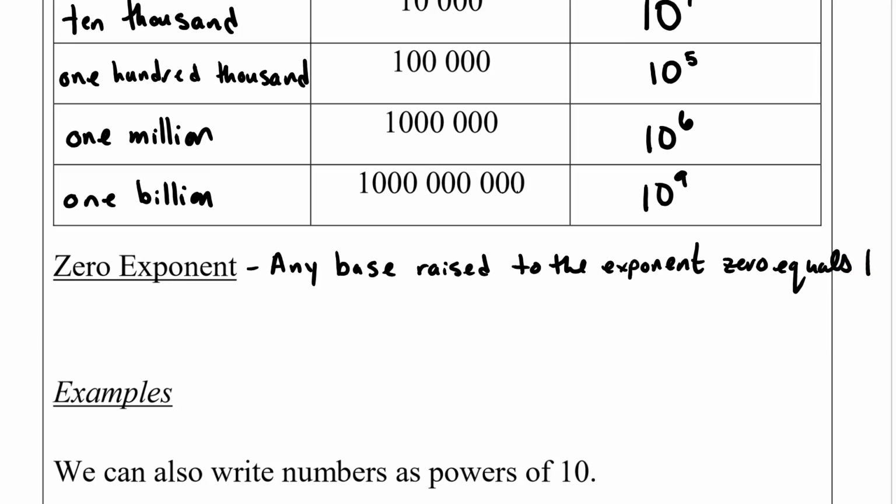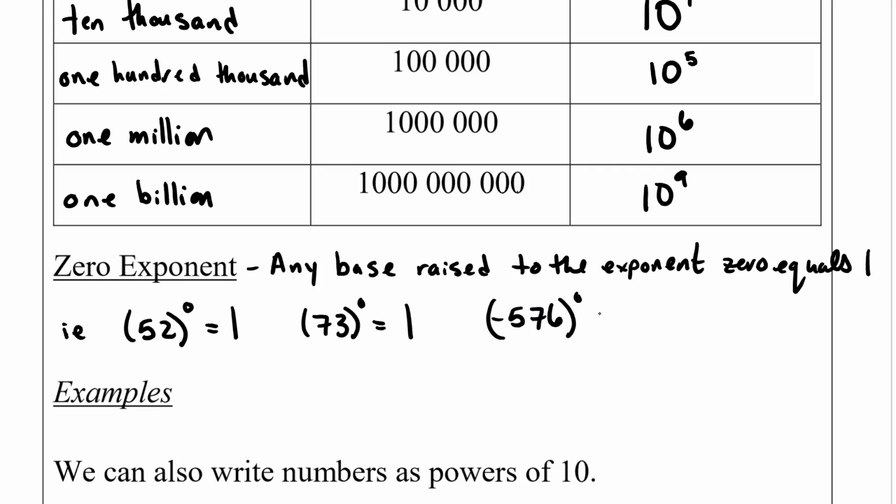So for example, 52 to the power of 0 is 1. 73 to the power of 0 is 1. Negative 576 to the power of 0 is 1.